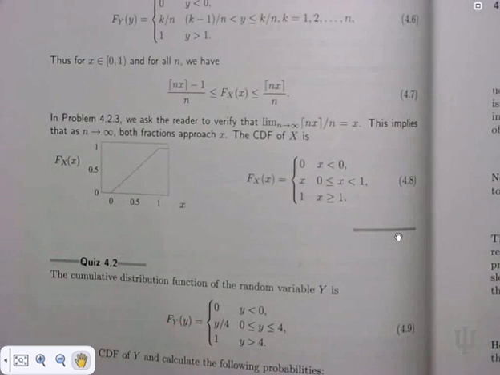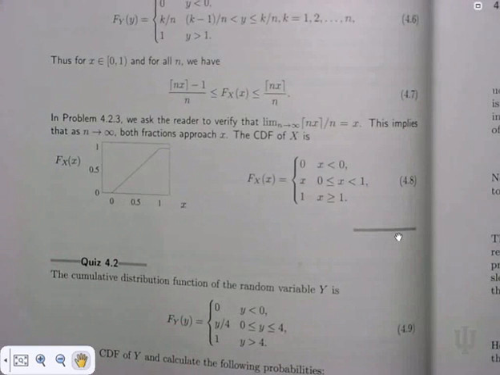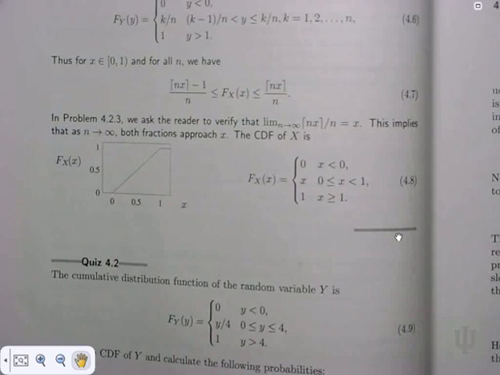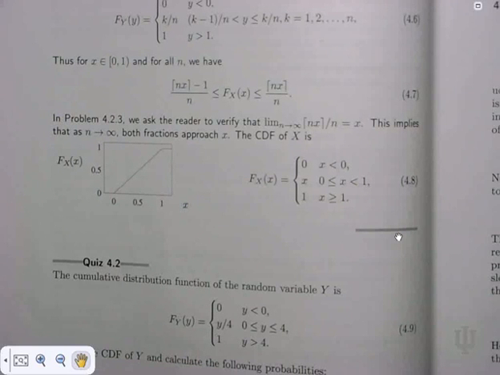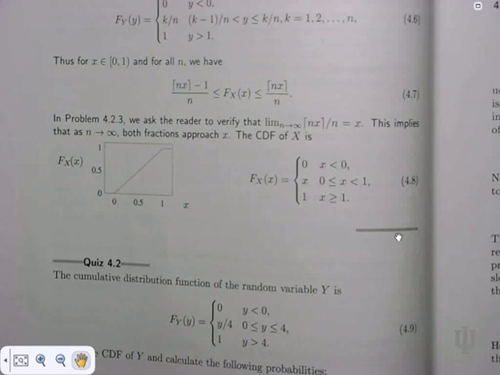This is the one we were doing a moment ago, very similar. You're 0 when you're to the left of 0. It's the straight line y equals x. That's this here. And then after 1 it's 1 always.